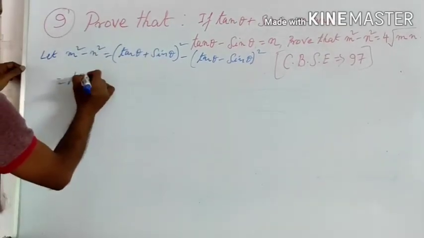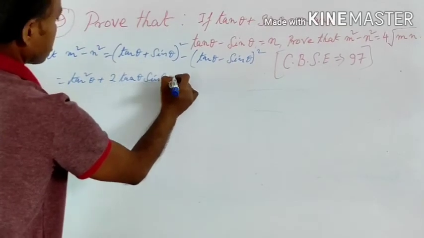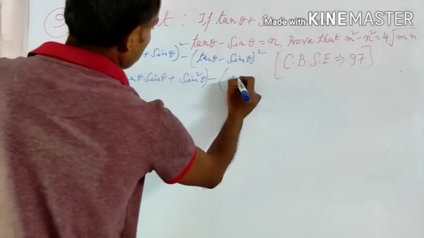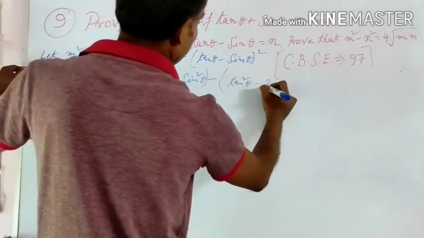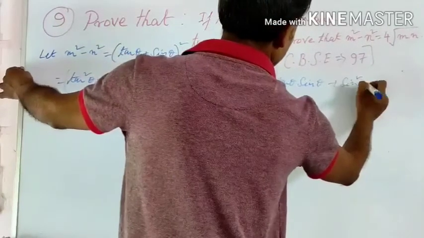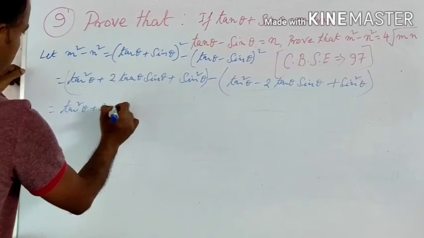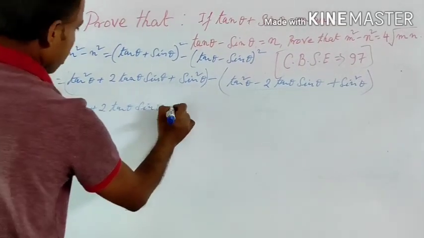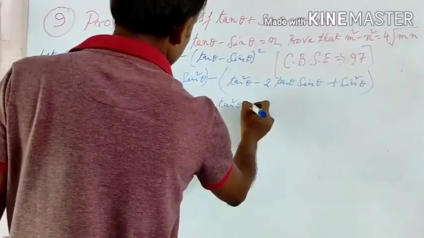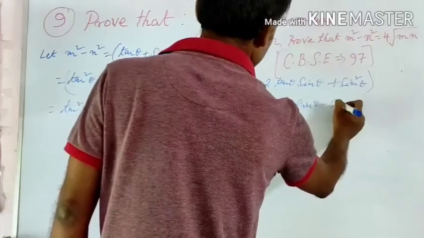That is square means tan square theta plus 2 tan theta sin theta plus sin square theta minus tan square theta minus 2 tan theta sin theta plus sin square theta, is equal to tan square theta plus 2 tan theta sin theta plus sin square theta minus tan square theta plus 2 tan theta sin theta minus sin square theta.